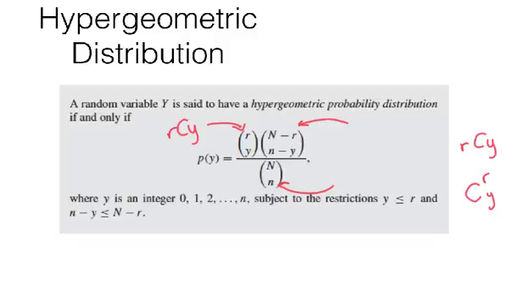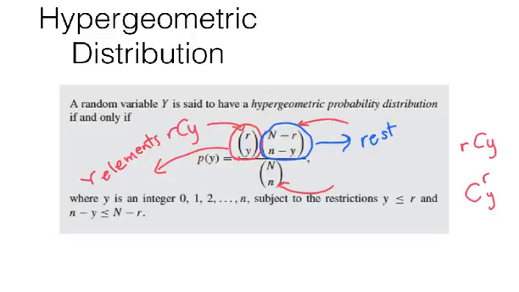And then, since these here are the ways that you can get y elements with the characteristic, this part here, the other combination here, are the rest. So everything that is not in the first combination is in the second. That's why, for example, you can see that this part here is the difference between the total minus the ones that have the characteristic.